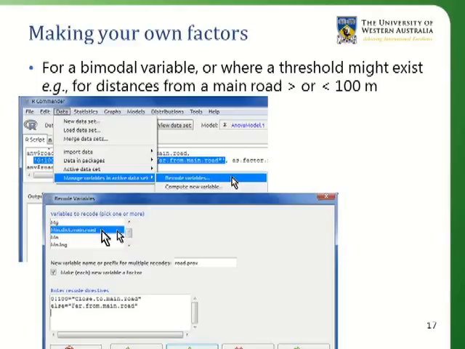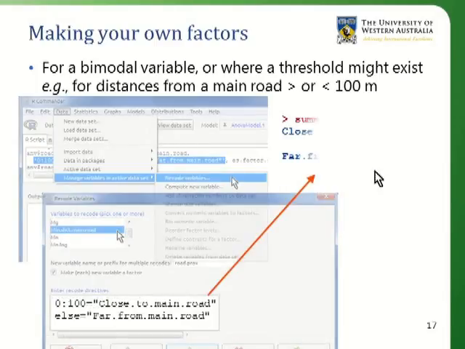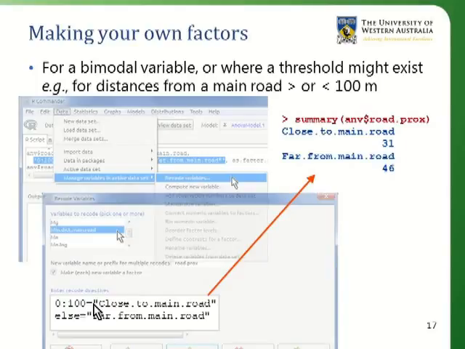What I'm going to do is make a factor about it, depending on whether our distance is between 0 and 100 meters, or any other distance, which will be greater than 100 meters. We'll make two levels within a new factor, and I'm going to call the new factor road prox.